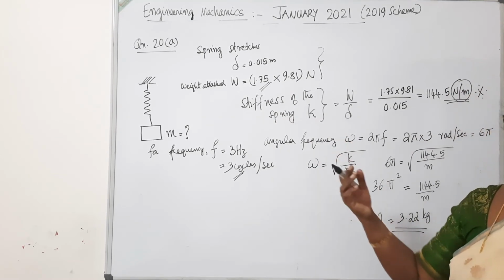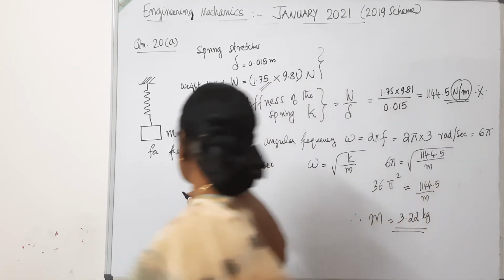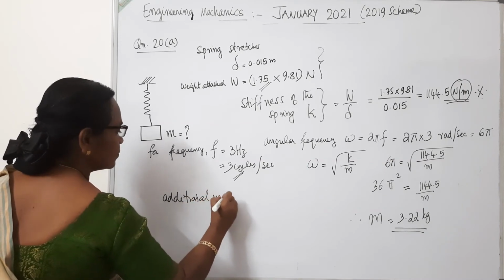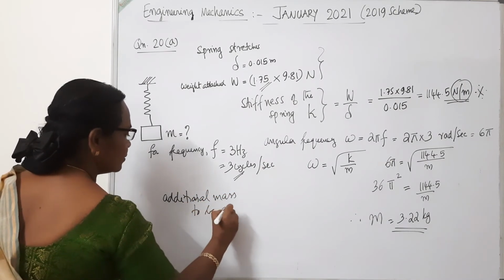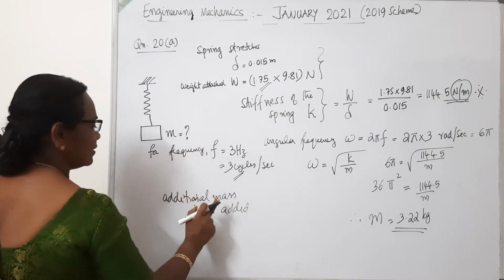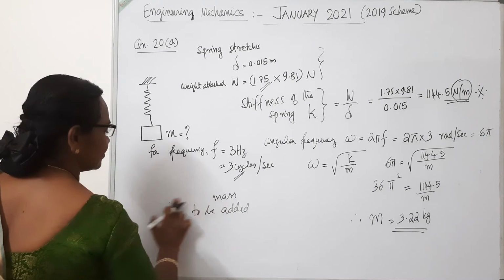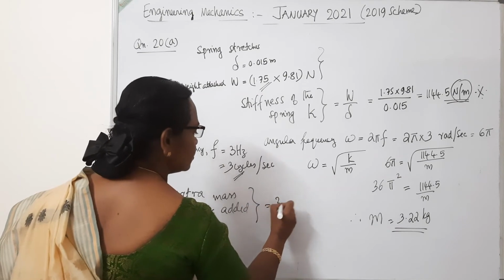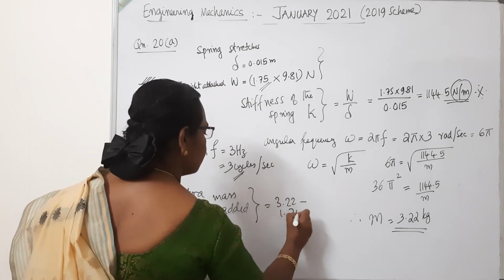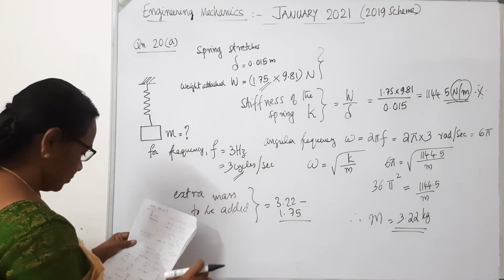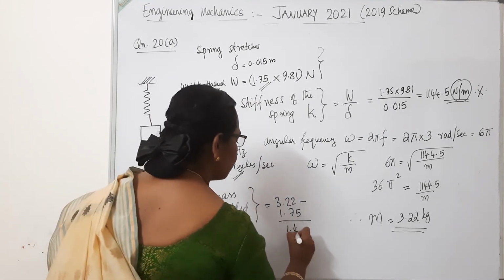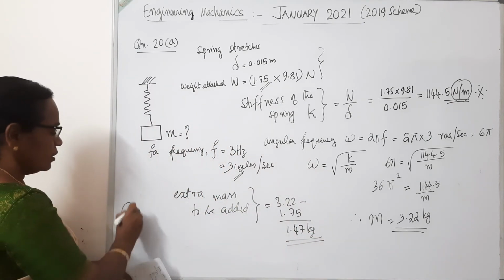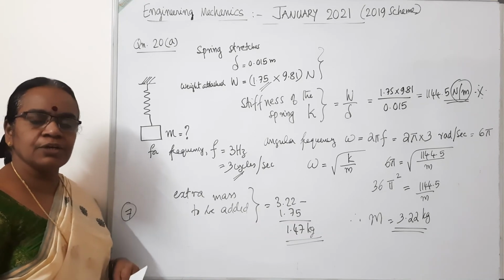So the additional mass to be added, or the extra mass to be added, is equal to 3.22 minus 1.75, which is 1.47 kilogram. So this question of 7 marks is repeatedly asked without even changing the numerical values.